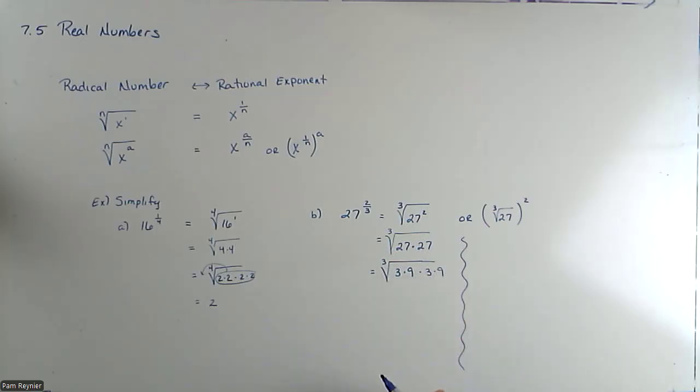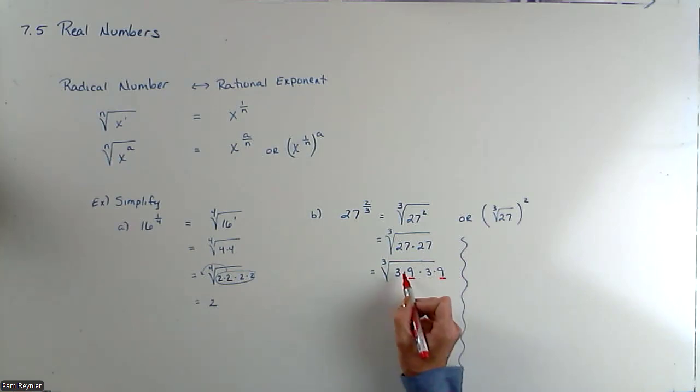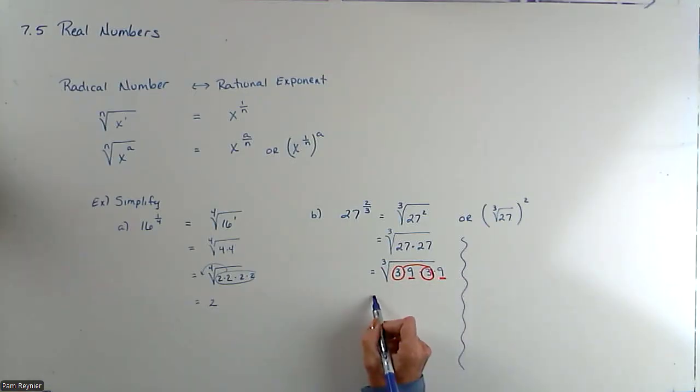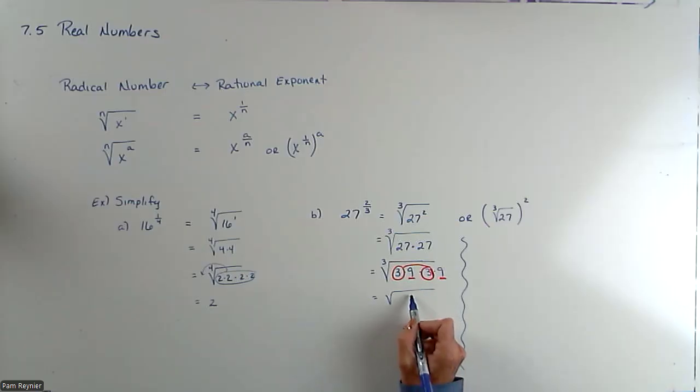I can keep breaking the 9's down and factor them into 3's, or my index number is a 3, so I'm looking for 3 identical factors, and I happen to notice that this is exactly the same as 9 times 9 times 9.